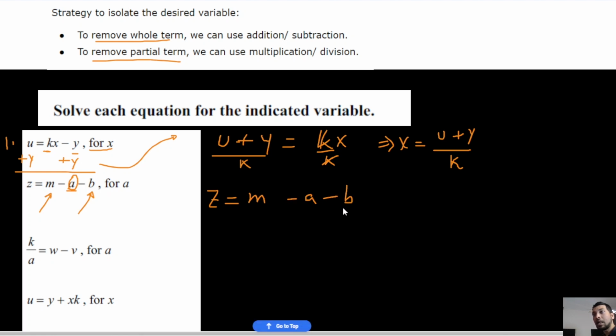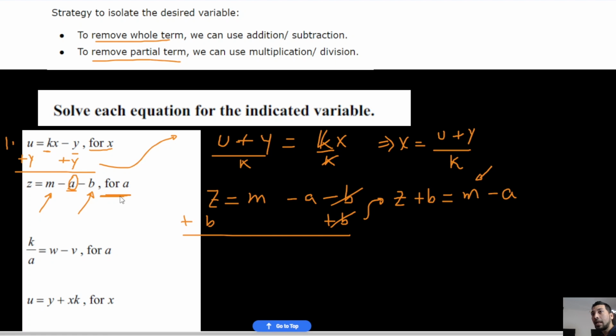So since m and b are whole terms, let's try to remove them step by step. So first, let's try to remove this b. Now the sign in front of b is minus, so I just use plus. See, if I do add, I get z plus b equals m minus a. Now I need to remove this m. Remember, we have to isolate the variable a.